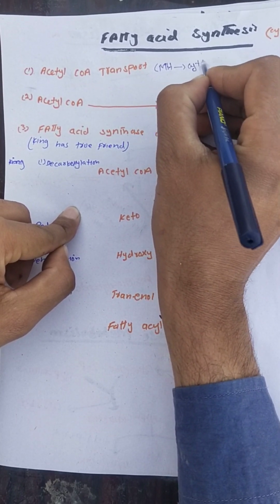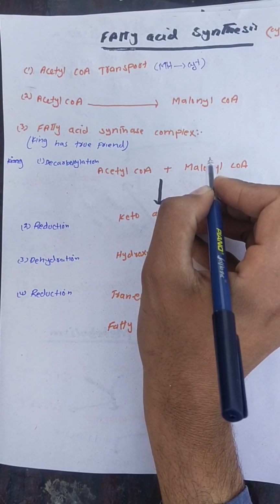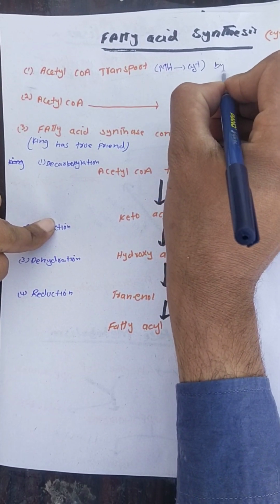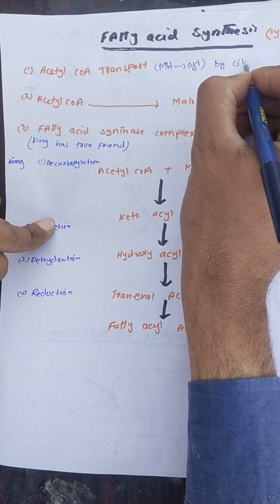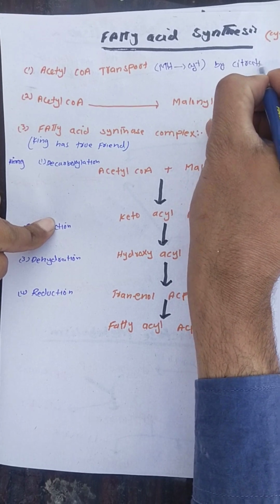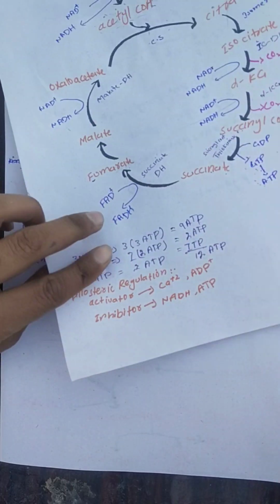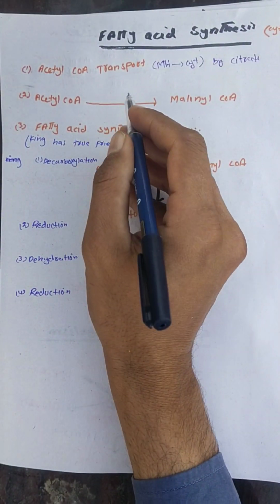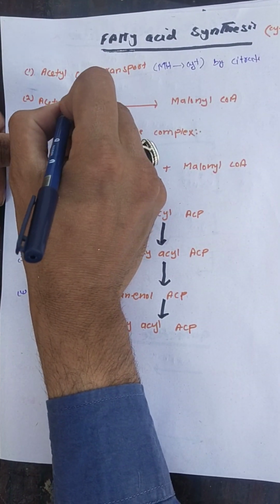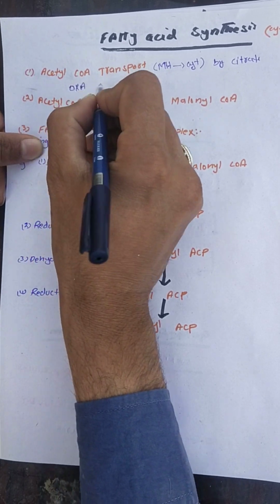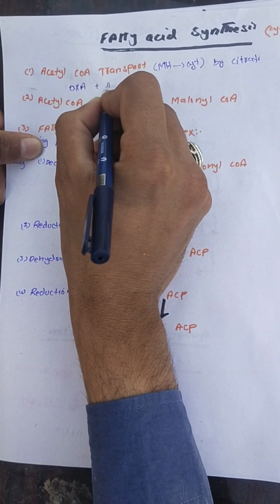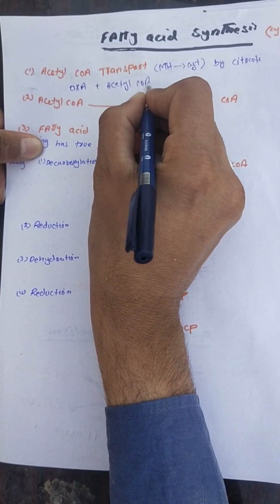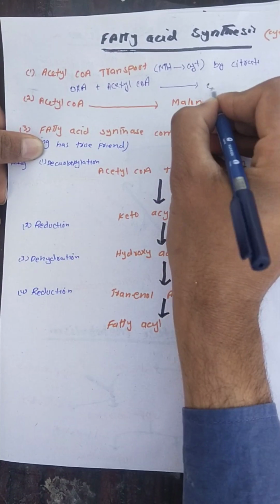And who helps in this transport? This is done by citrate. How? In the first reaction, acetyl CoA combines with oxaloacetate to form citrate.